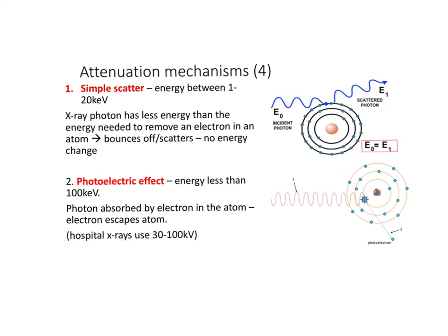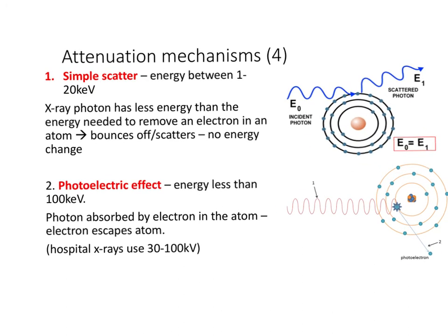For the first one, simple scattering. This is for photons that have an energy range of 1 kilo electron volt to 20 kilo electron volts. So an X-ray photon will have less energy than the energy needed for an electron in an atom to be removed.